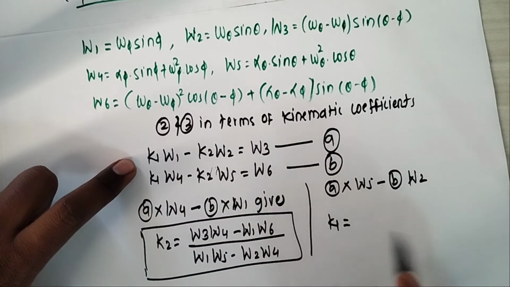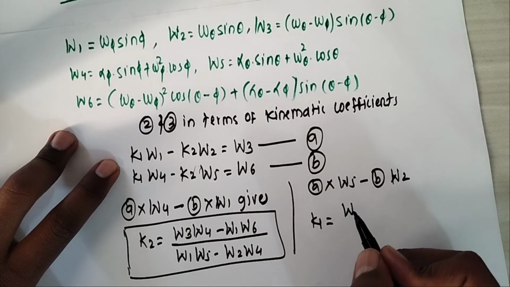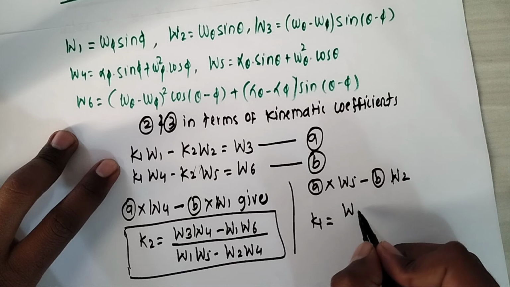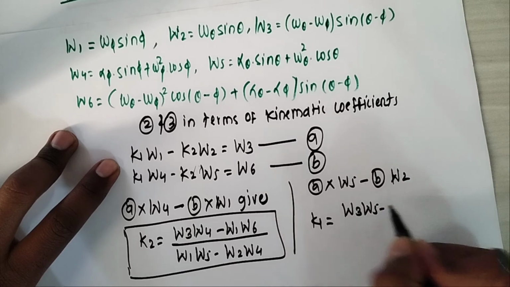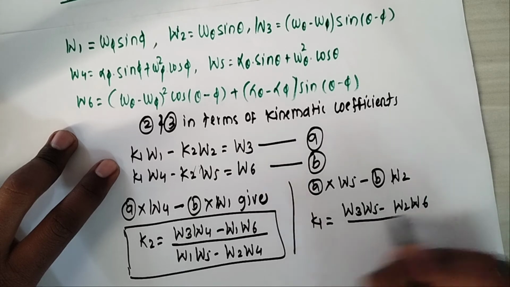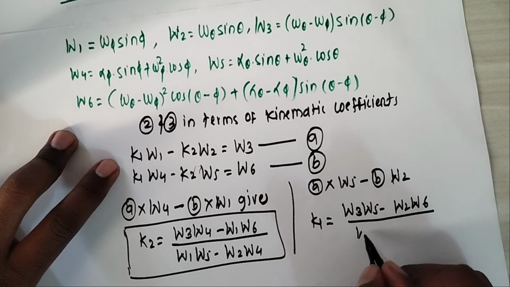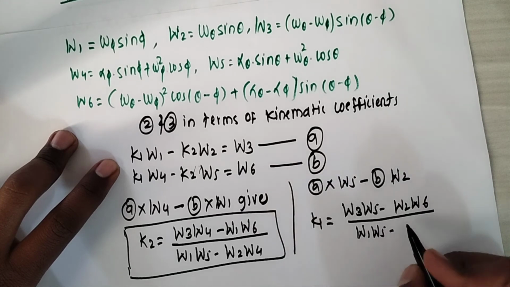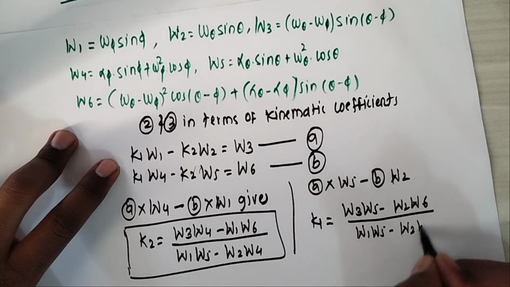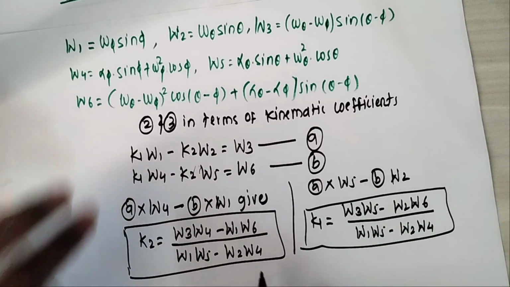We already solved this: k1 is (w3 w5 minus w2 w6) upon (w1 w5 minus w2 w4). So by solving this, we get k1 and k2.